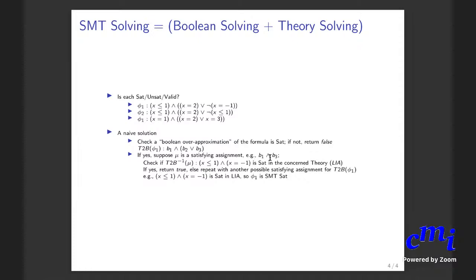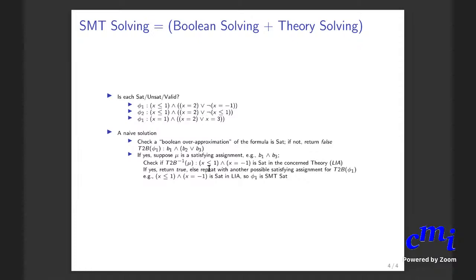So you could first use a Boolean satisfiability procedure to check whether this Boolean abstraction of the formula is satisfiable. Then you get the theory version of it by taking the inverse of T to B, replacing the propositional variables back by the atomic formulas that they represent.